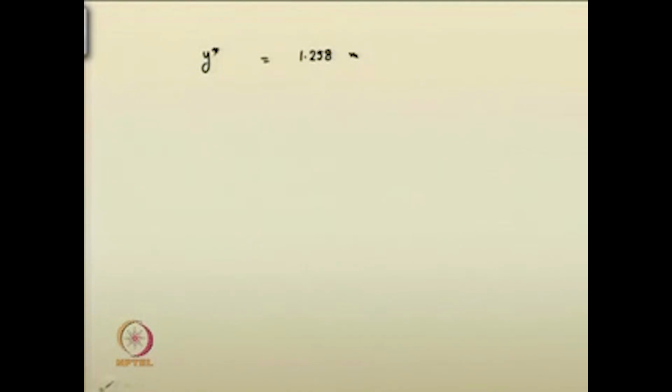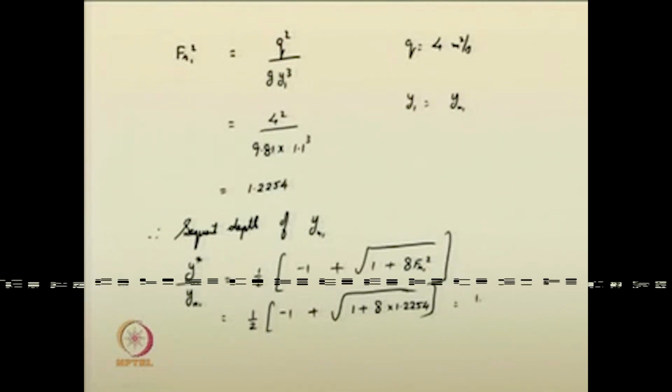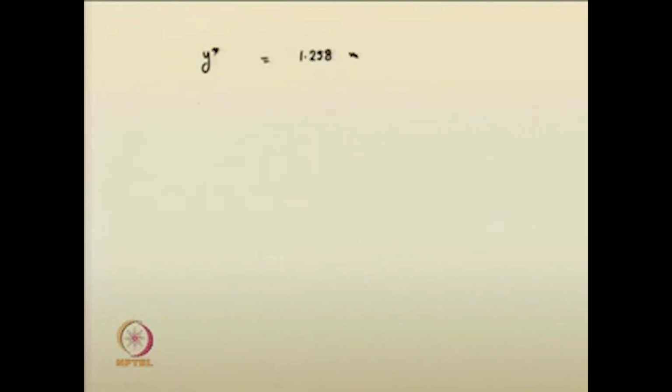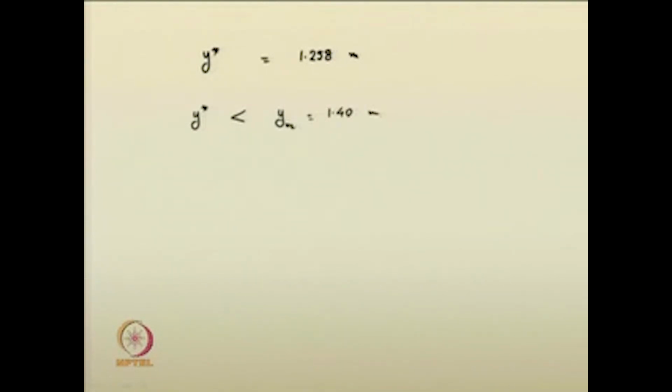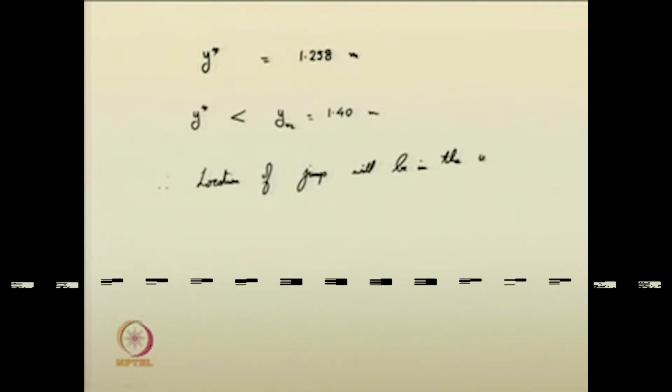You see that y star is now less than yn2, which is 1.4 meter. Therefore, the location of the hydraulic jump will be in the upstream channel.